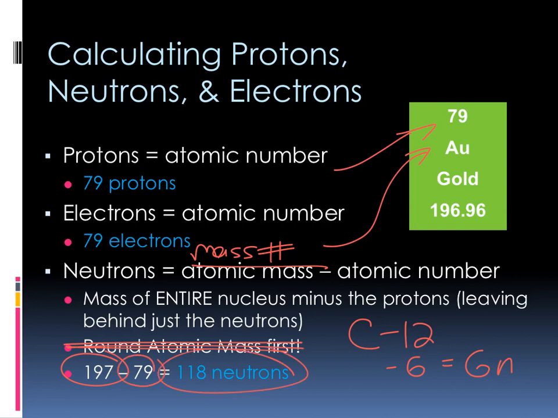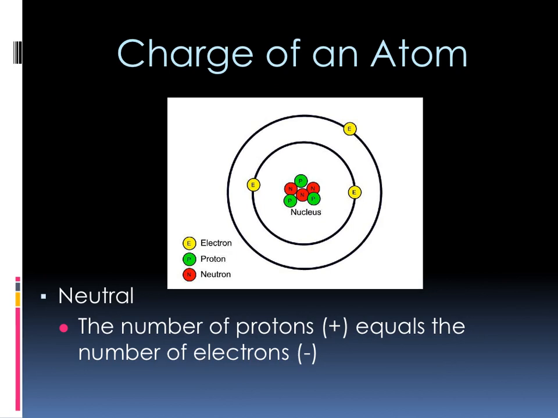subtract the protons from it, that gives you the neutrons. The general charge of an atom should be neutral, because if you remember, if I have protons, which are positive, plus, plus, and plus, and I have electrons, which are negative, 3 and 3, I should end up with a neutral atom because the positives and the negatives cancel each other out. So as long as the protons and the electrons equal one another, I should have a neutral atom.